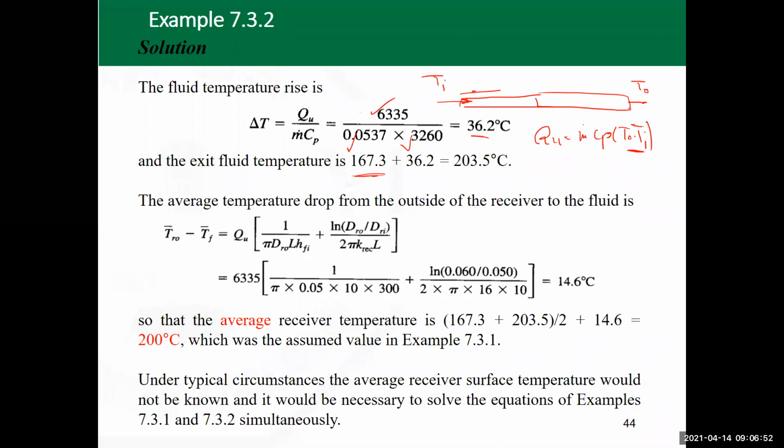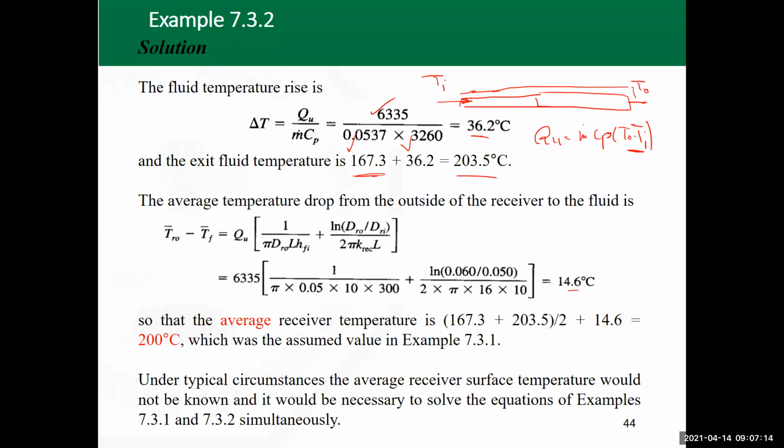And then the outer temperature here has a temperature difference with the fluid temperature leaving. It has a temperature difference between this and the outer surface temperature of 14.6, which means that the temperature here is the outlet temperature, which is 203 plus the 14.6.